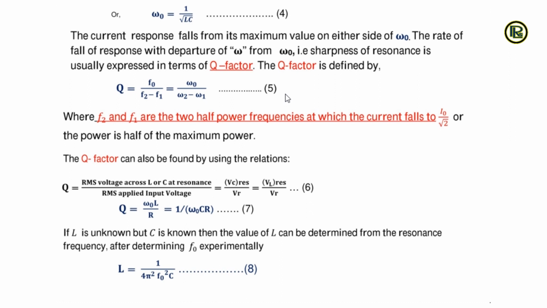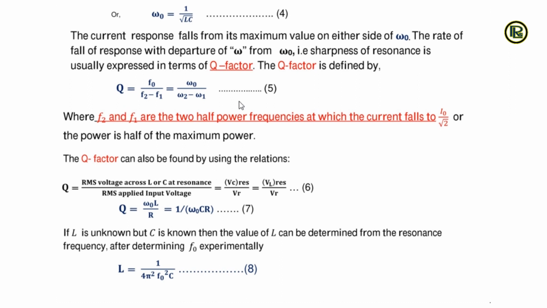Therefore, the rate of fall of response with departure of omega from omega 0, that is, the sharpness of resonance, is usually expressed in terms of the quality factor or the Q factor, and it is defined as Q equals F0 by (F2 minus F1), or equals omega 0 by (omega 2 minus omega 1), where F0 is the linear resonant frequency.